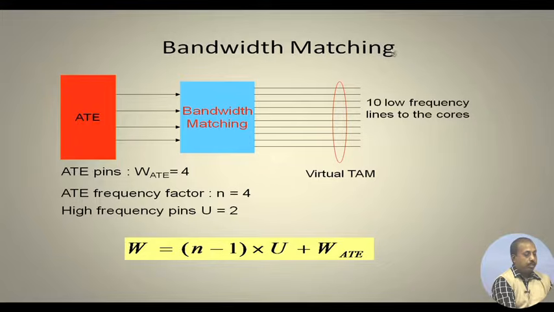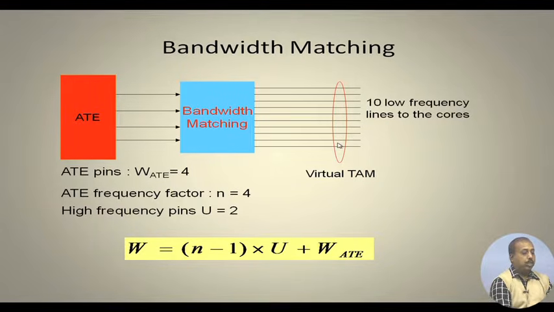Now, this virtual TAM is as if I have 10 low frequency lines to the cores. Looking at the formula, n minus 1, where n is 4 and u equal to 2, is 4 minus 1 into 2, that is 6, plus W_ATE which is 4. That is a total of 10. So on this virtual line I have as if 10 low frequency lines to the cores.